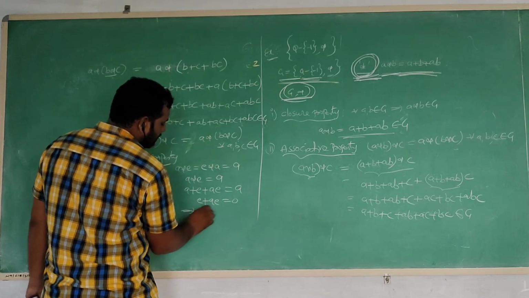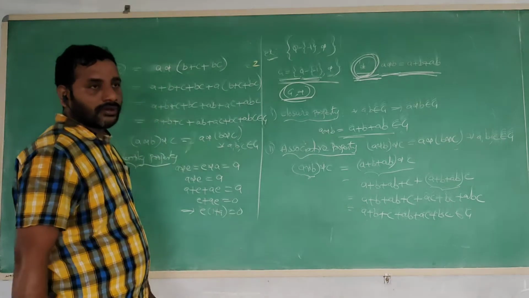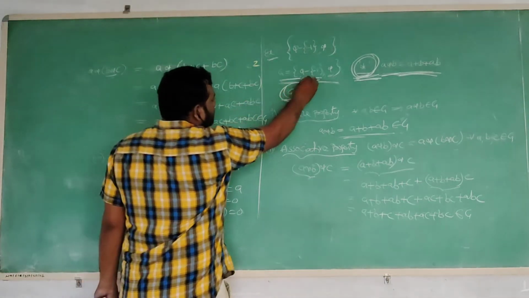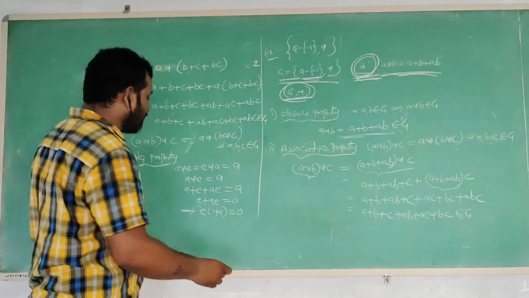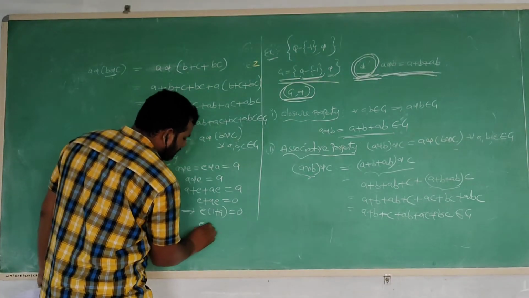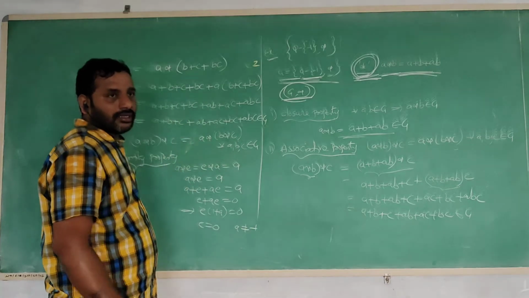That implies E into (1 plus A) equals 0. Here G is the set of rational numbers excluding minus 1. But here E equals 0 and A not equal to minus 1.